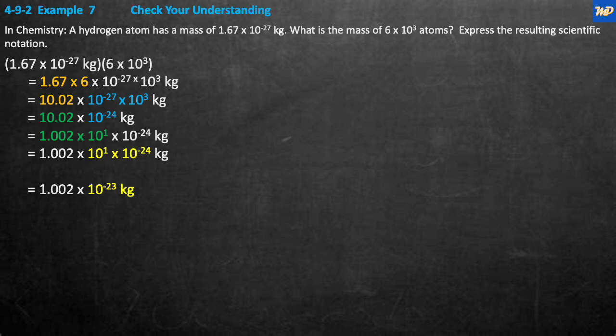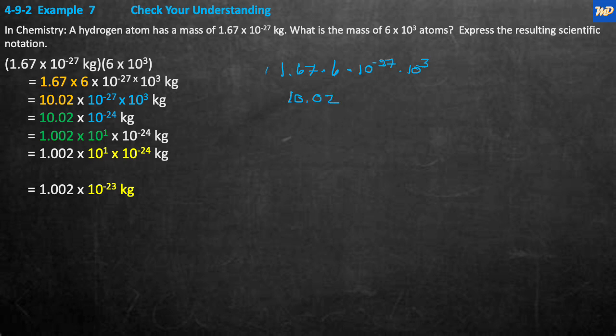Okay, so we're going to write this out. We're going to say that 1.67, and that times 6 times 10 to the negative 27 kilograms times 10 cubed. So 1.67 times 6 is 10.02.